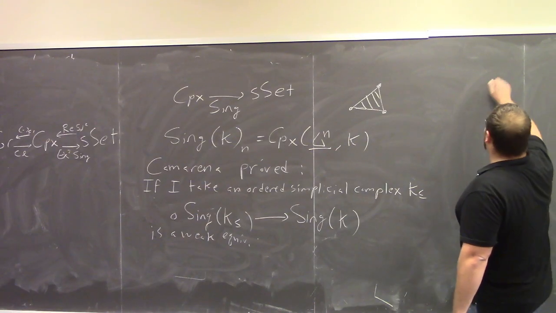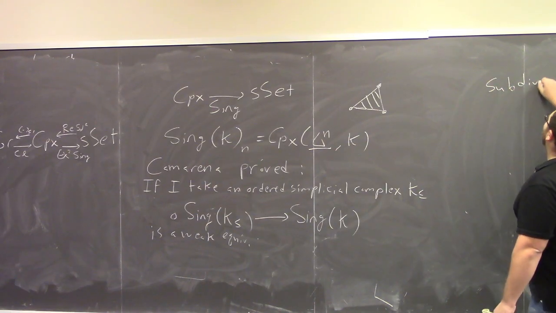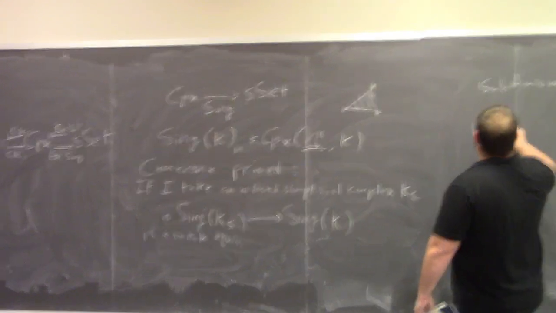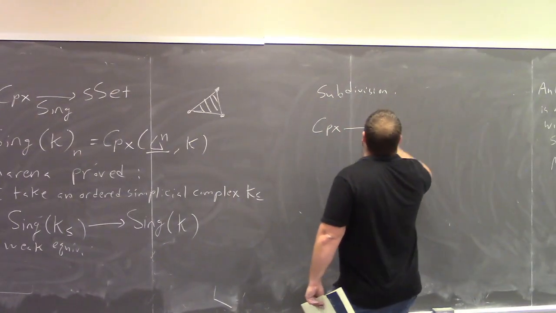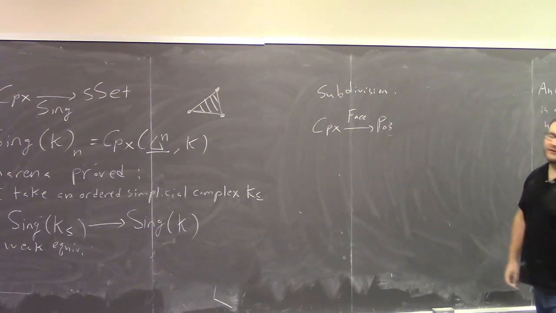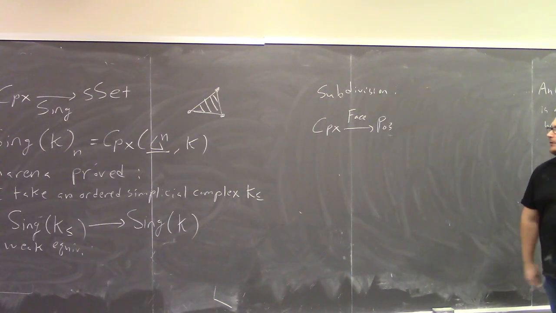All right, so let's talk about subdivision. I want a subdivision functor on simplicial complexes. So the first thing I do is come up with a functor from complexes to posets. I call this the face poset.